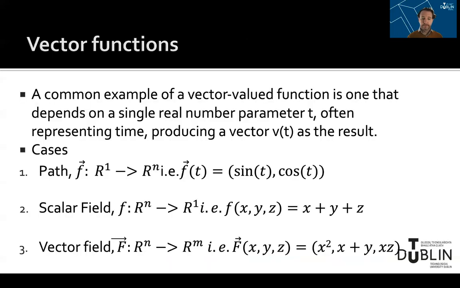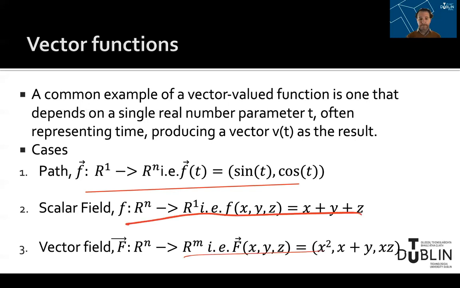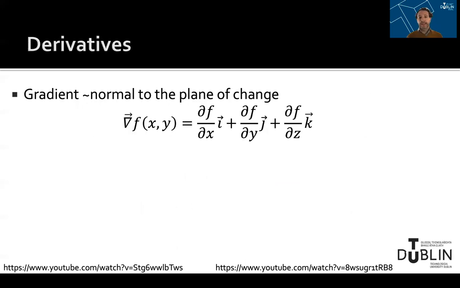So, in summation, we've looked at different cases where you have one variable or many variables, and we have our path integral, path derivative, our scalar field, and our vector field. And everything except for the path, you need to use the gradient.